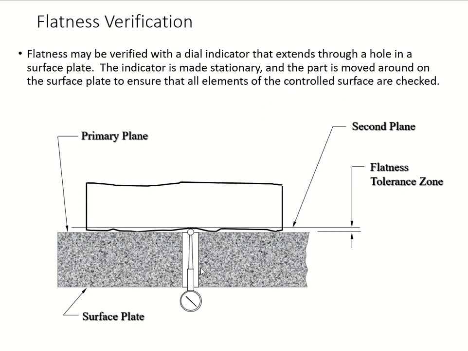The dial indicator is made stationary right there, and your part is moved around on the surface plate, to ensure that all elements of that control surface are checked. Meaning we're checking that surface, all of it. So this little thing is going to scan, from here all the way to there, because the part is moved around on this surface plate to check its flatness.